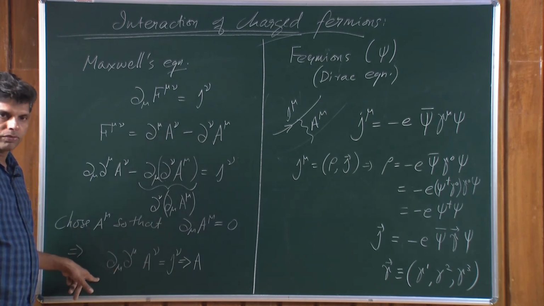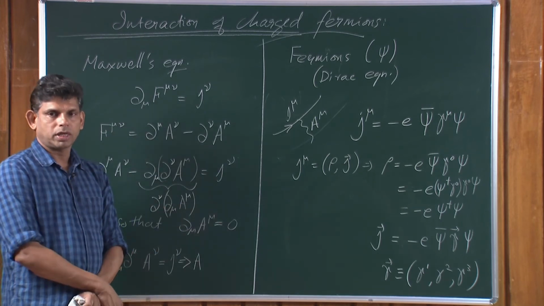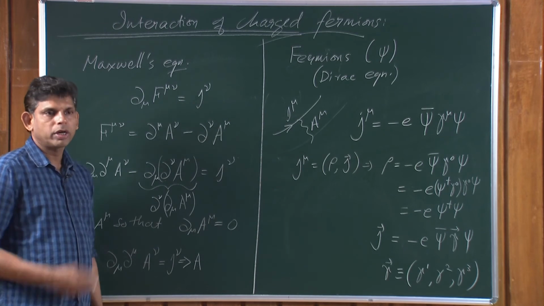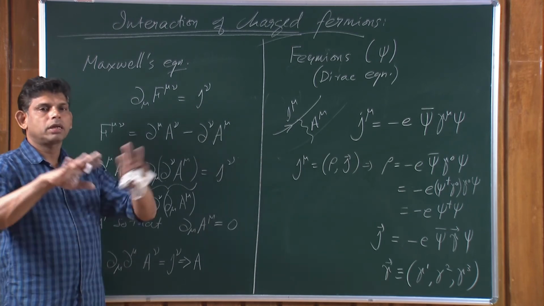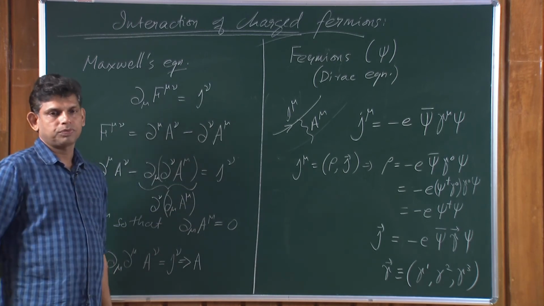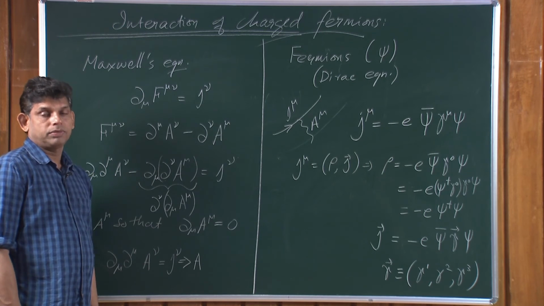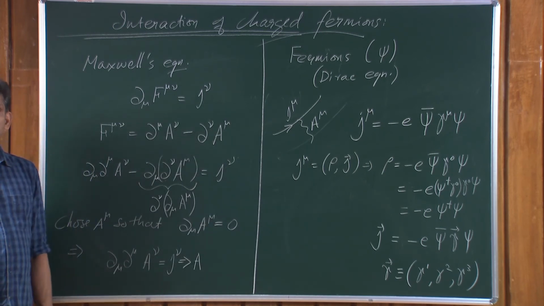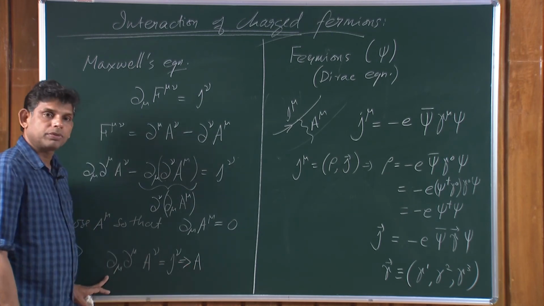Supposing you have an electron or some moving distribution of charge, or a nucleus moving, that will create an electromagnetic field surrounding it. Now, what is that electric field? That is represented by A. How does it behave? That is dictated by this equation.